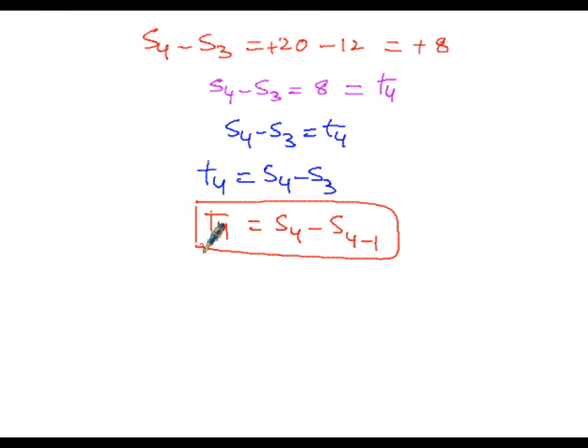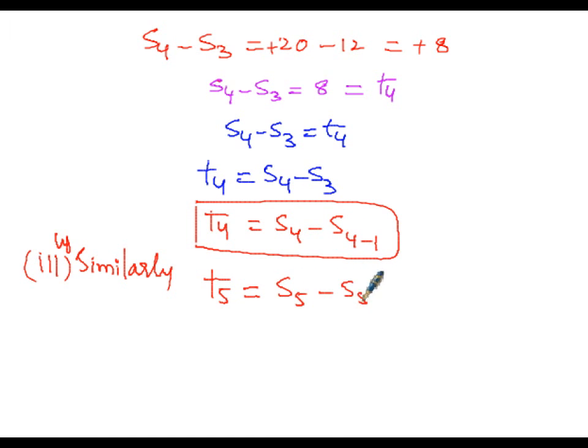Similarly, we can write T5 equals S5 minus S(5 minus 1). Similarly, the sixth term is S6 minus S(6 minus 1), and so on.